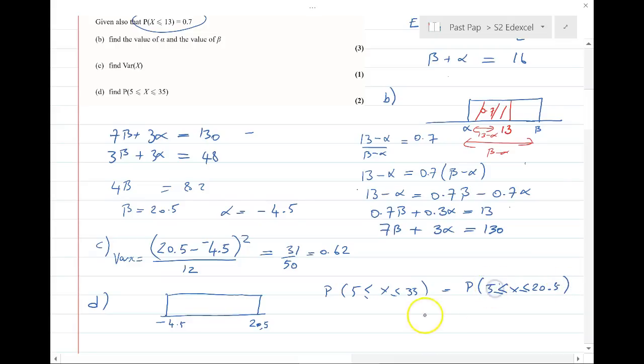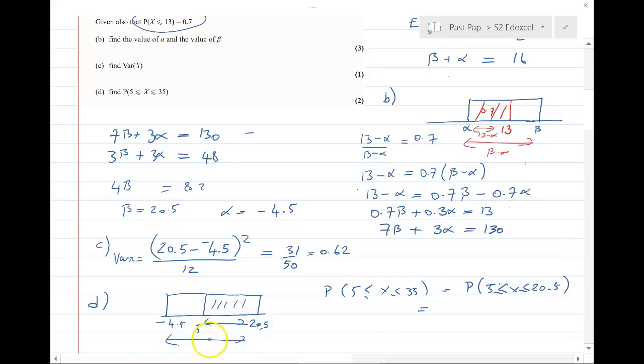So in a similar kind of way to what we've done before, we're looking at the probability of it being between these two. So we're comparing this length here to this length here.